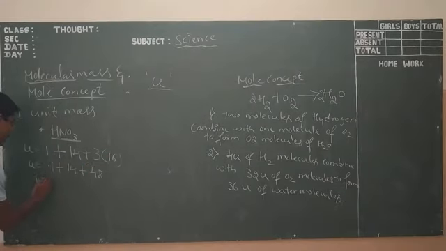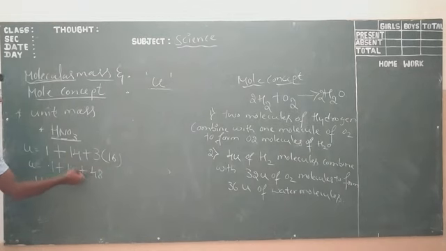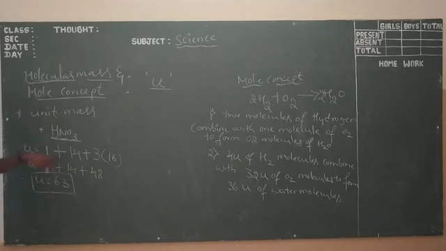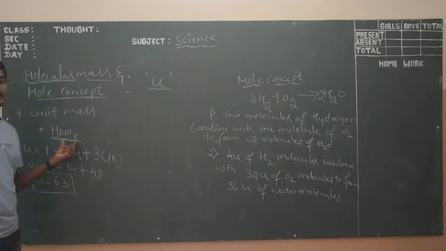Now I am going to add: U equals 48 plus 14 plus 1. 48 plus 14 is 62, plus 1 we get 63. U equals 63. This is the molecular mass of nitric acid.